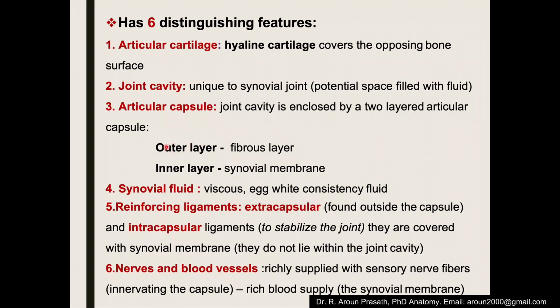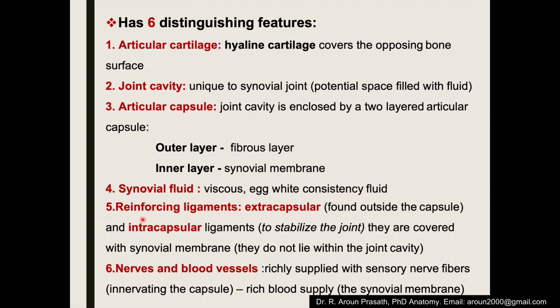Okay, the outermost layer and the innermost layer. The innermost layer we call the synovial membrane, which secretes synovial fluid, and that fluid will be present inside the joint and will lubricate the articulating surface. Okay, so the synovial fluid is a fluid of viscous consistency and it gives lubrication.